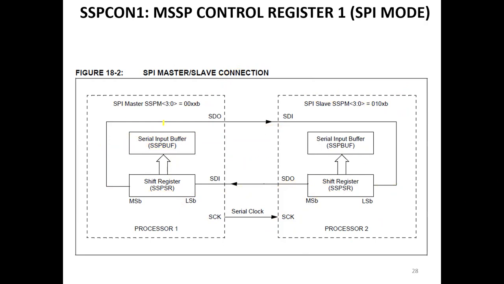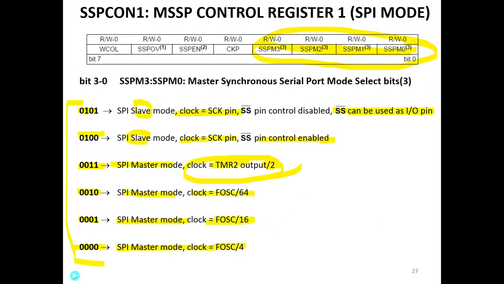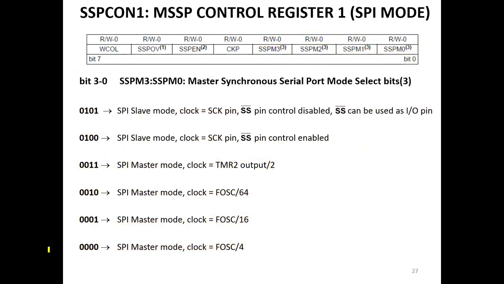No, so clear, Doctor. Okay, so here we have an example. Here SPI in master mode. So here the SSPM, the bits from bit 0 till bit 3, we have the value 00XX. If we return back, 00 means you have the master mode.